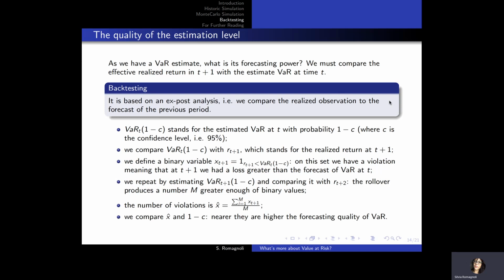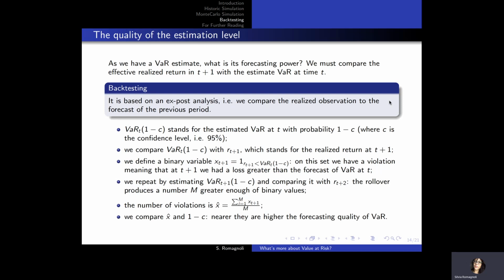In order to give a first evaluation, we must compare the effective realized return in t+1 with the estimated value at risk at the previous period t. We must do this comparison ex post, and for this reason, we talk about backtesting.